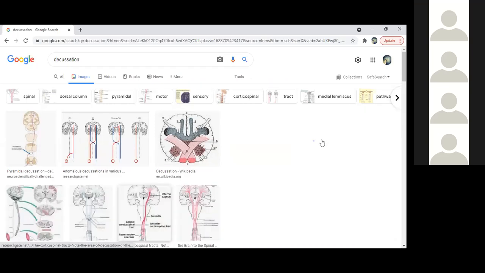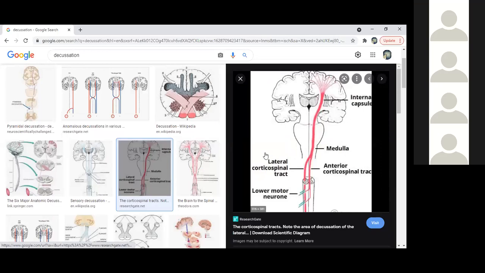So let's look at this image. This one explains it better. So this is what we're trying to talk about. You can see that this is a brain here. This will be your right hemisphere. This will be the left hemisphere. Okay. And then you can see the spinal cord down here. This whole thing is the brain stem. Usually the fibers, let's say fibers are rising from the left side.